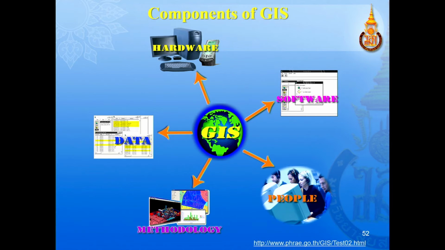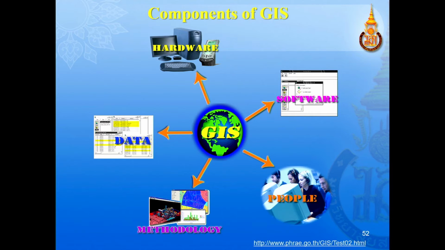Normally the components of GIS are hardware, software, data, methodologies, and people. In these components, you cannot miss even one of them. First, you have to have the hardware, meaning your own computer or laptop. If you don't have it, you cannot work on GIS.